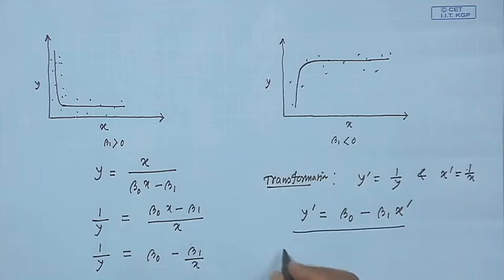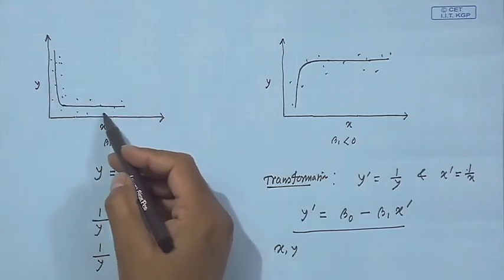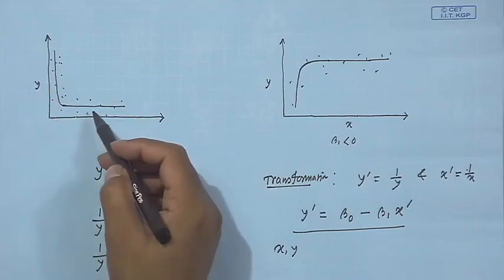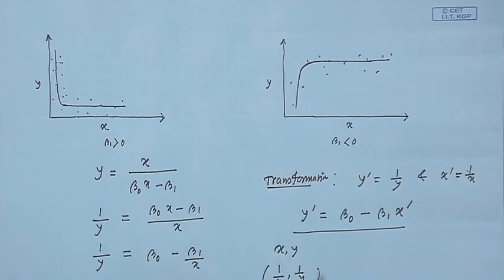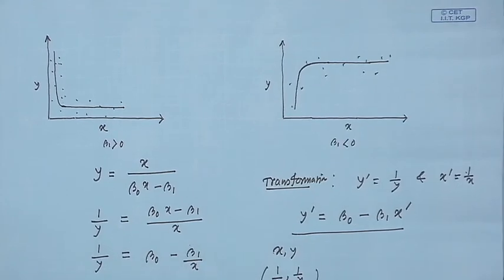So, given the data x y, if the scatter plot is similar to this one, then you transform the data to 1 by x, 1 by y and fit a straight line model.